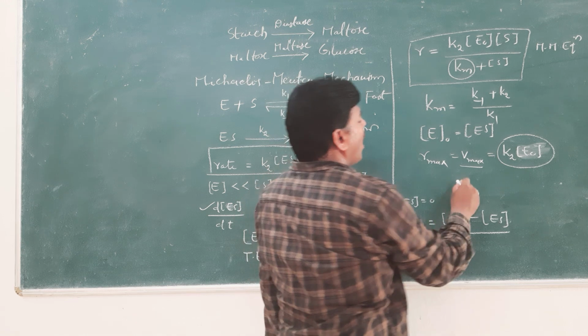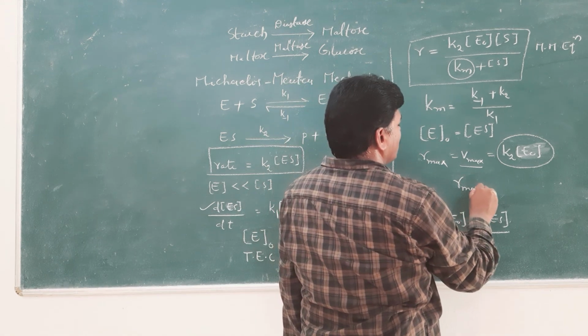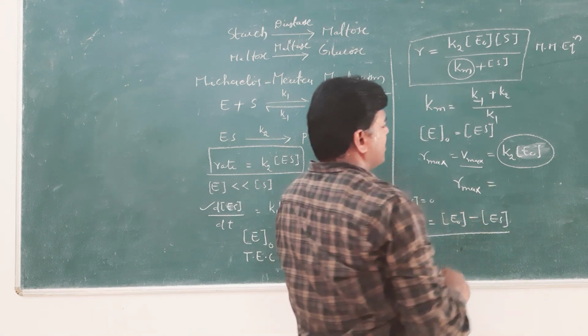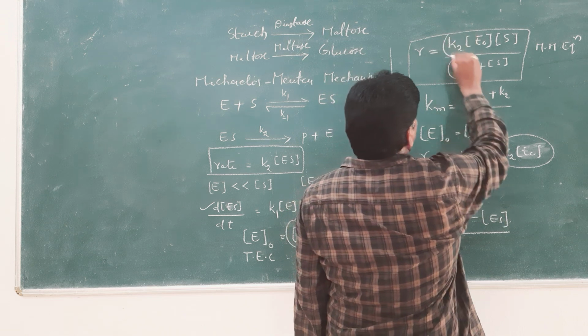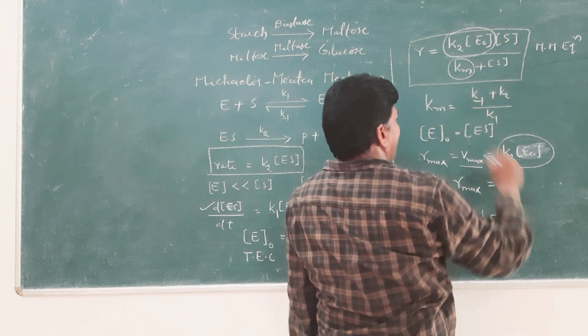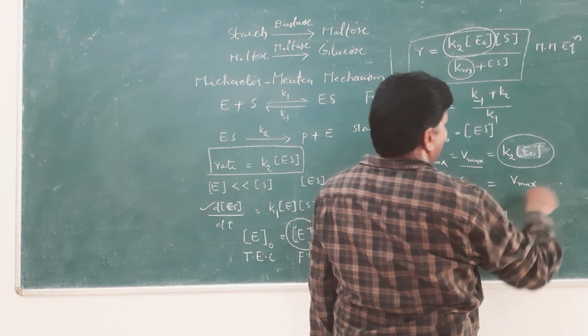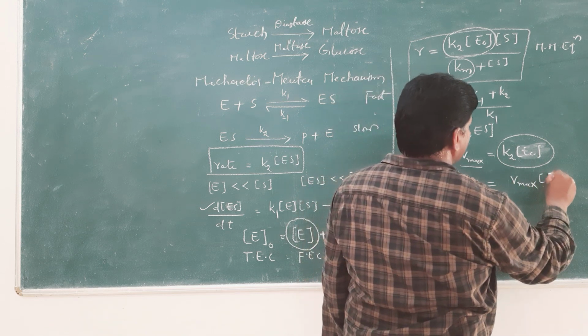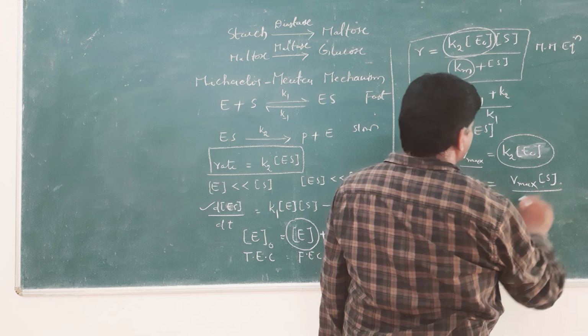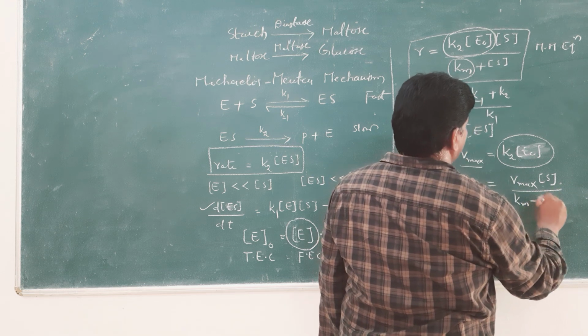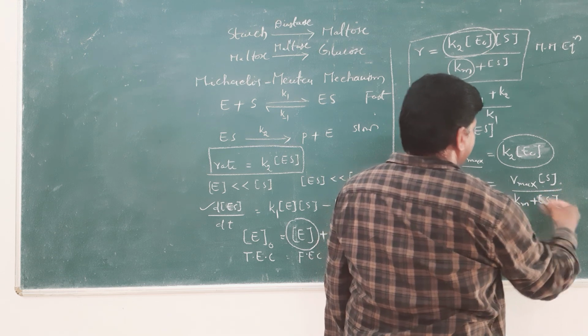This can be written as V max into concentration of S by Km plus concentration of S.